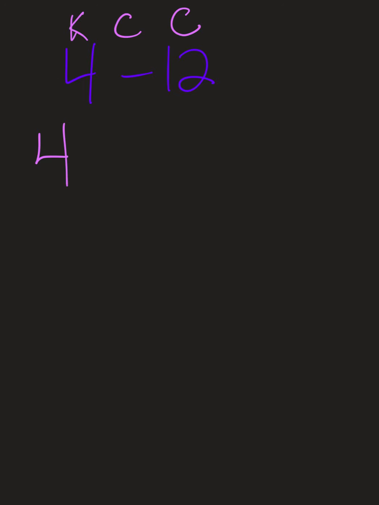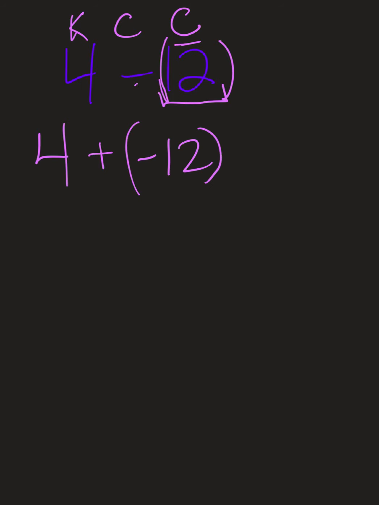So 4, and then we're going to change the subtraction sign to an addition sign. We're always switching to addition. And then 12 is just positive 12, and I can see that because there's not a negative sign with it in addition to the subtraction. So instead of being positive, I'm going to change this, or if you want to think of it as flipping it, to negative 12, okay?